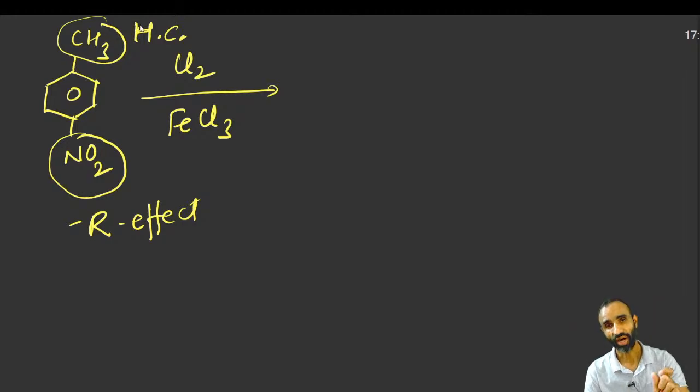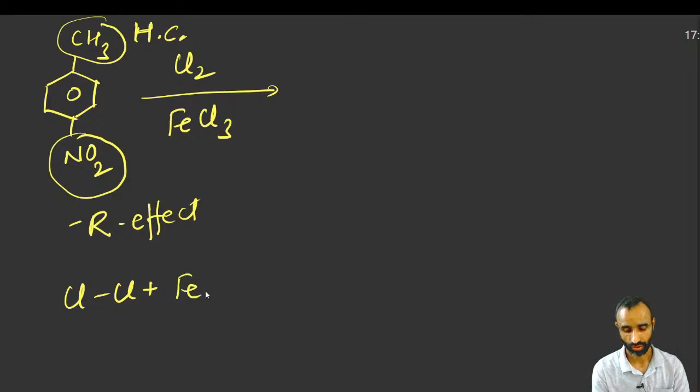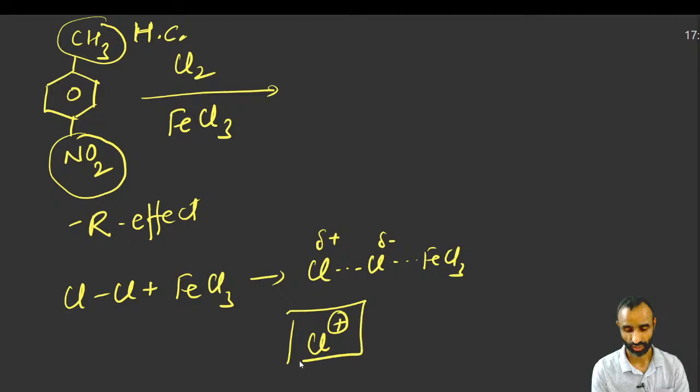So the methyl group will direct the electrophile, because Cl2 with FeCl3 is generating the electrophile, Cl positive.